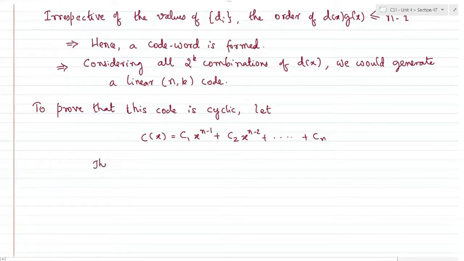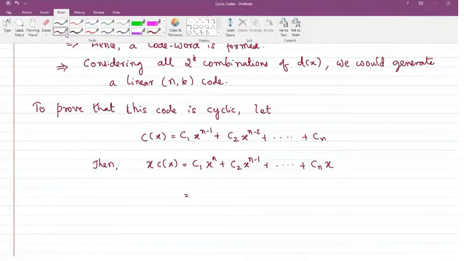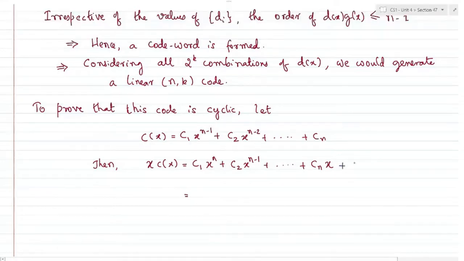Then x times C of x, if I multiply with x, would result in C1 times x power n plus C2 times x power n minus 1, and so on up to Cn times x. What I'll try to do is a little mathematical adjustment based on modulo 2 addition. I will add C1 twice.